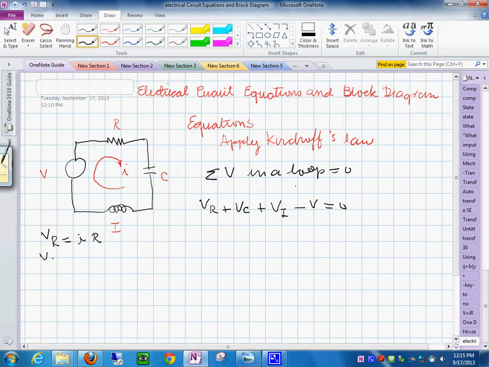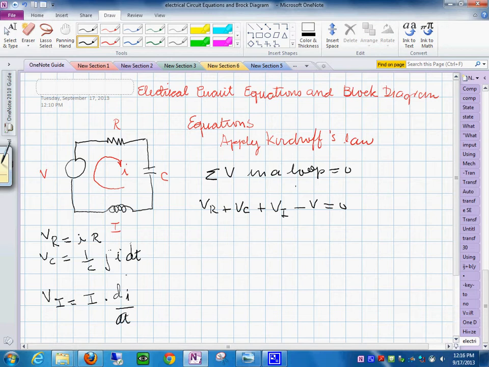The voltage across the capacitor is 1 over C times the integral of I dt. And the voltage on the inductor is going to be L times di dt.